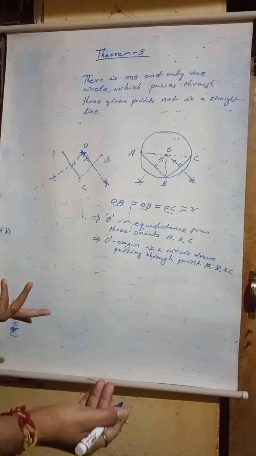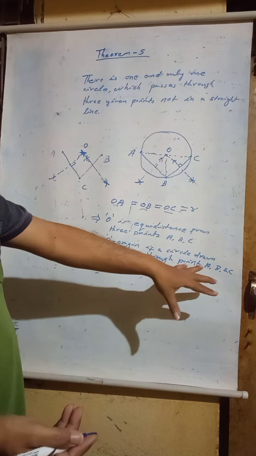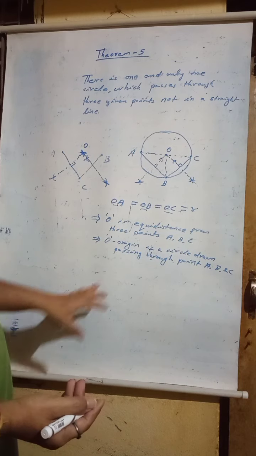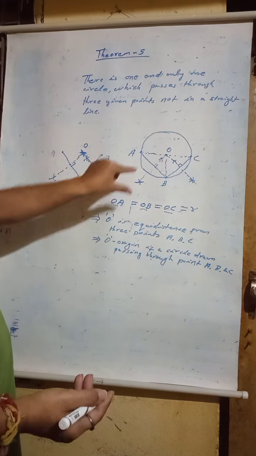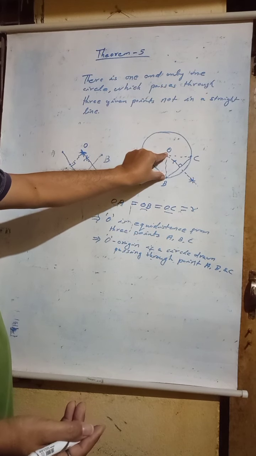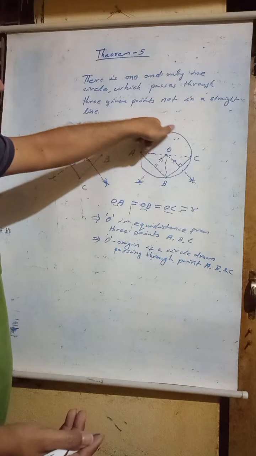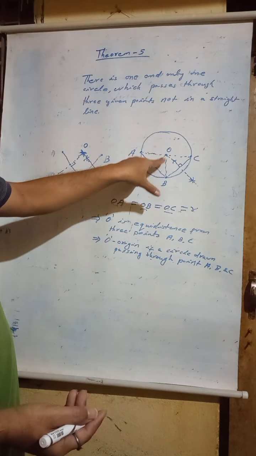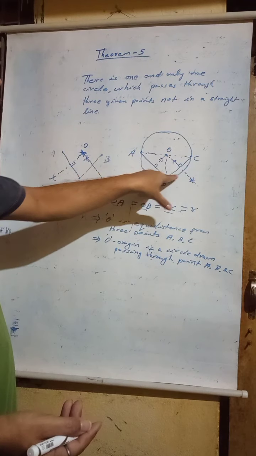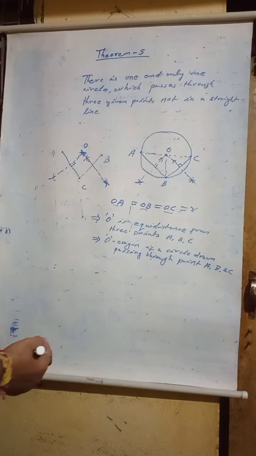Now you have proved it. So O is the center of the circle passing through the points A, B, C. As it is equidistant, if you draw a circle with center O, it is equidistant, which means this circle will pass through these points. Got it?